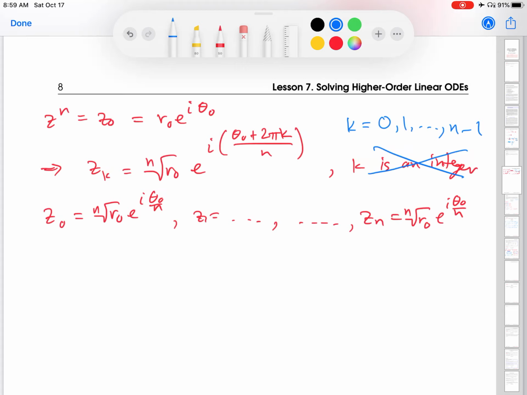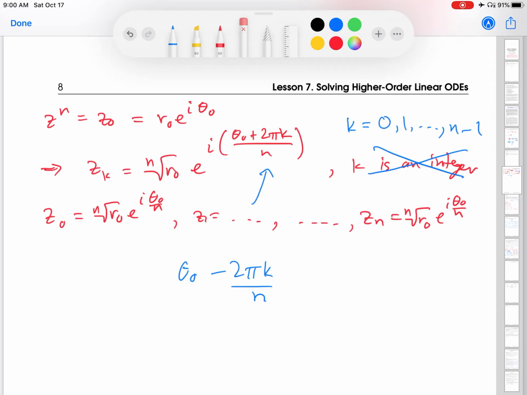Okay, you might wonder, what about the negatives? Like, what if k is negative 1? Okay, so that's kind of like the same thing that we did, just in reverse. So if k is negative 1, look at what's happening up here. It'd be theta 0 minus 2 pi k over n. If k is negative, then it's kind of like if I replace k with negative k, right?